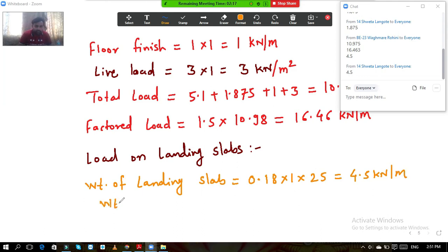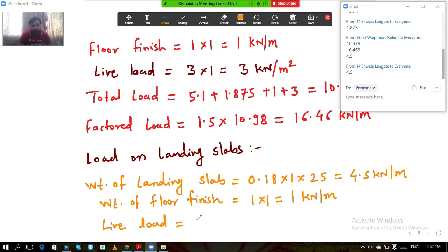Then take the floor finish. So weight of floor finish, or you can directly write over here floor finish. So 1 into 1, which is equal to 1 kilonewton per meter, and then live load.